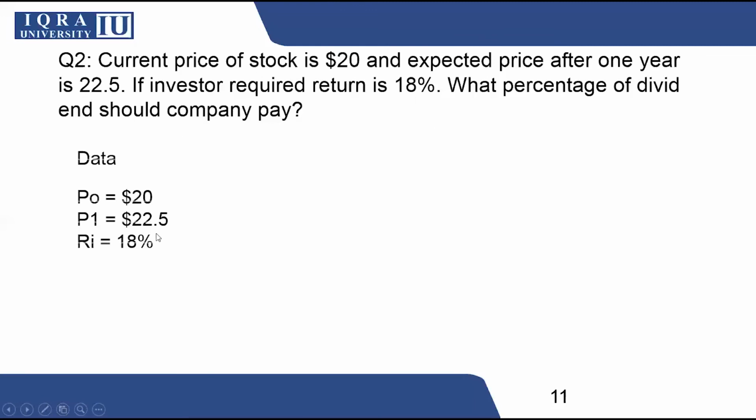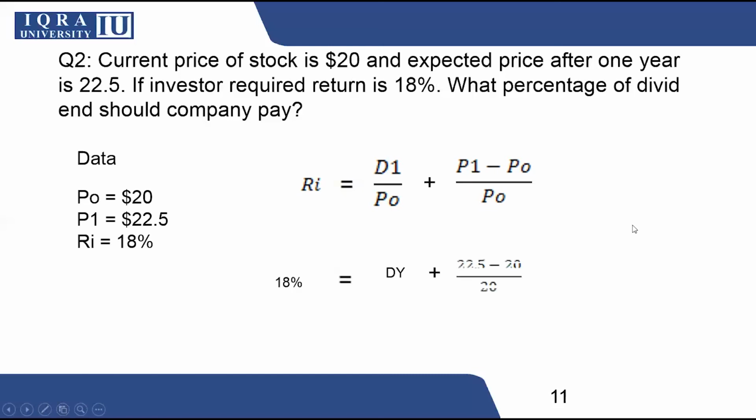So I'm showing you all these symbols. P naught is 20, P1 is 22.5. Investor required return is given in the question, 18%. If I apply the formula as discussed earlier, you see that certain information is available in your question. Required return is given.